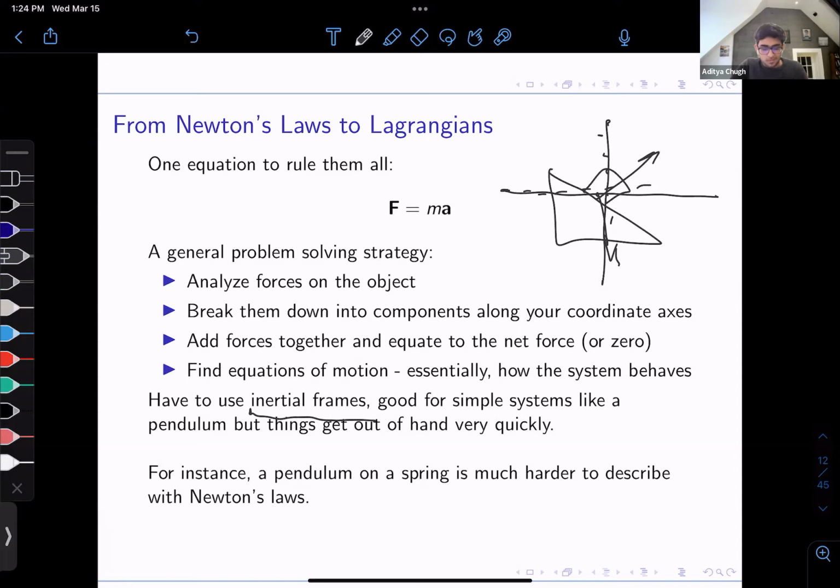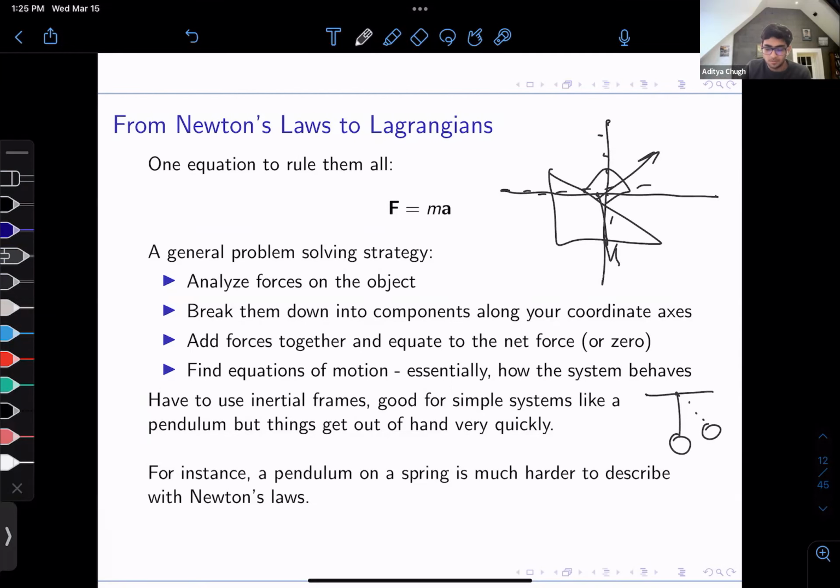But as your system gets more complicated, things get out of hand very quickly. So if you have a general pendulum, sure, Newton's laws would be a pretty slick way to see how the pendulum would behave. If you slide the pendulum aside, then it'll swing back and forth.